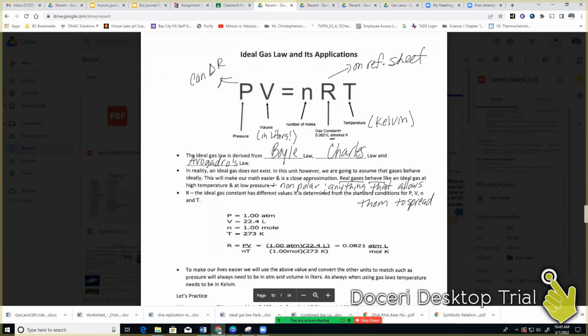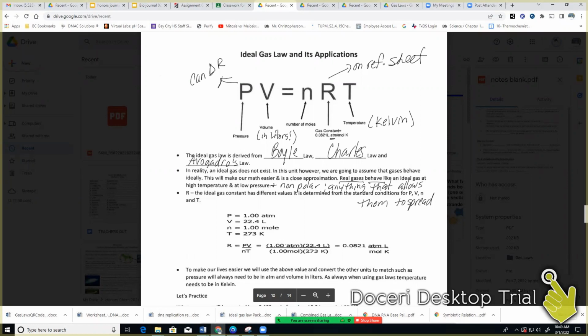That's when a real gas is going to behave most like an ideal. So at high temperatures, a lot of energy, they're moving around, low pressures, allowing them to increase their volume. And if something is nonpolar, it would not be attracted to each other. So all of those things help gases to behave more like ideal gases.